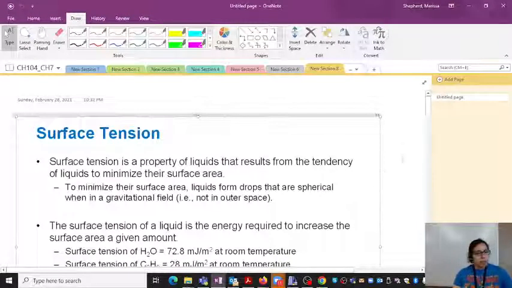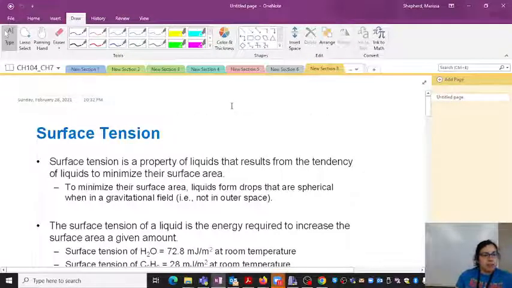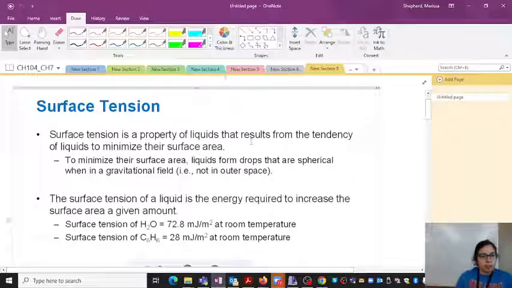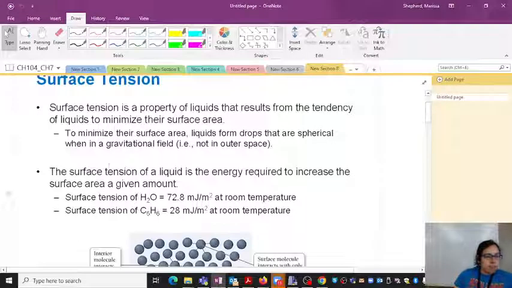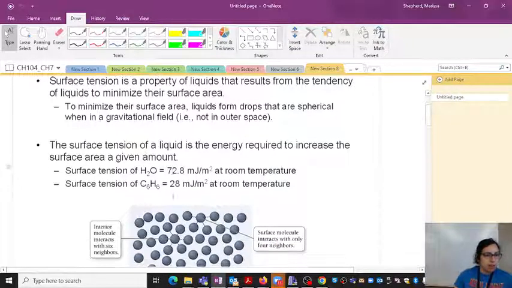And so a similarly related property is surface tension. Surface tension is a property of liquids that results from the tendency of liquids to minimize their surface area. So you see droplets maybe form a little sphere. The surface tension of a liquid is the energy required to increase the surface area a given amount.